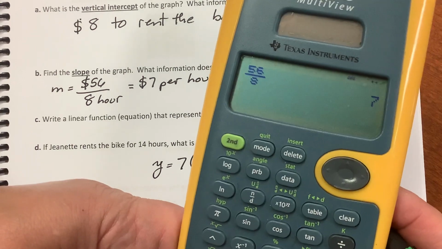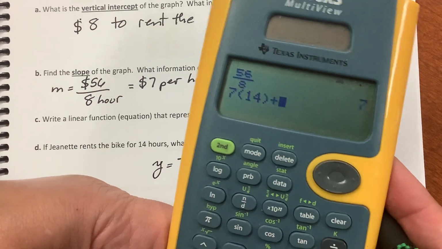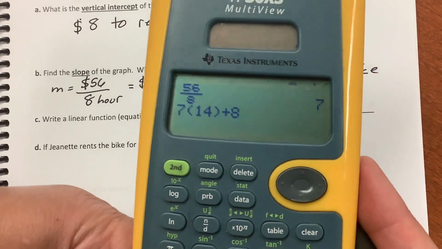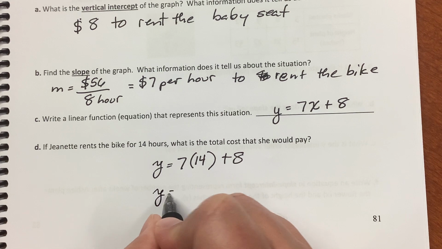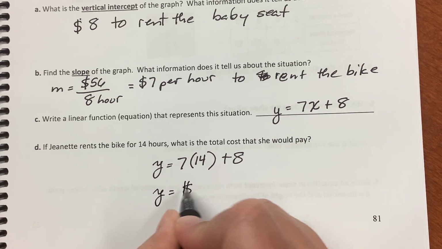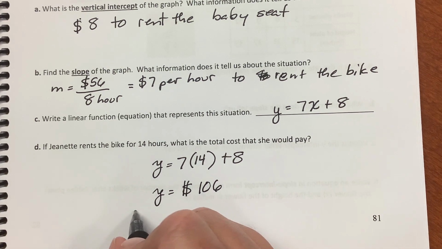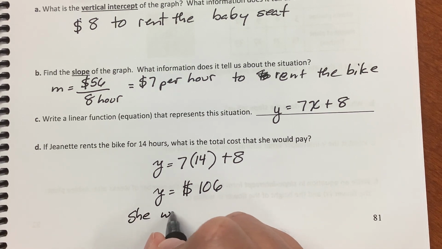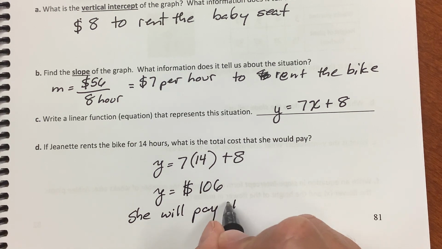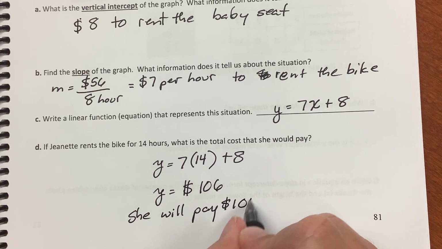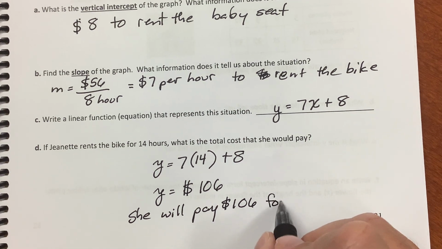No need to do the math by hand when you have a calculator. $106. So she will pay $106 for 14 hours.